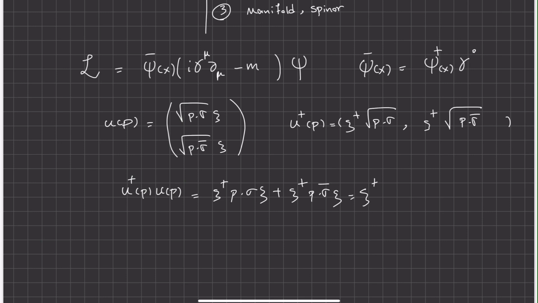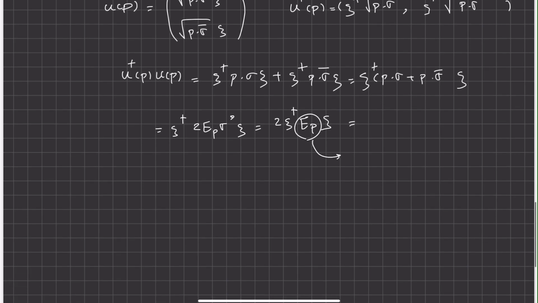So here we have psi dagger psi times p dot sigma plus p dot sigma bar, which is equal to psi dagger 2E of p sigma 0 psi, which is equal to 2 psi dagger E_p psi, and that has the energy factor inside. This energy factor makes it not Lorentz invariant. So we don't want that.